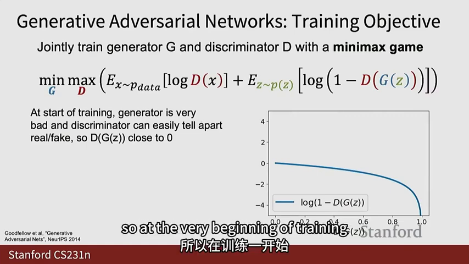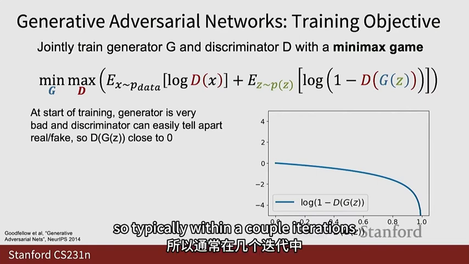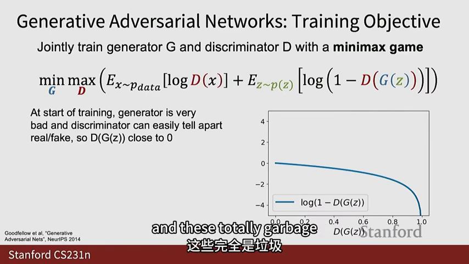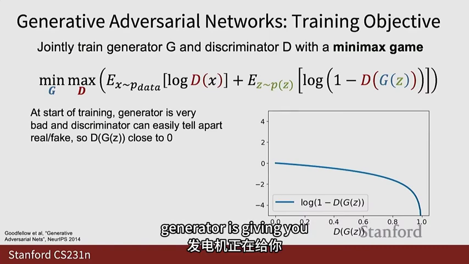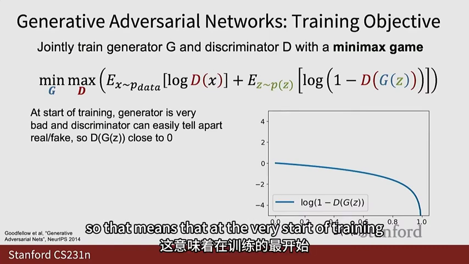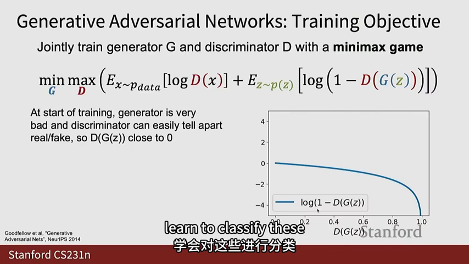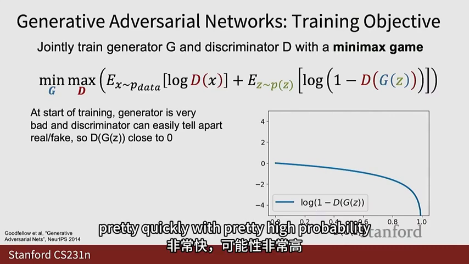So when the generator is terrible, the discriminator has a very easy problem. Typically within a couple iterations, the discriminator can immediately tell apart real images and the totally garbage random fake images the generator is giving you. So at the start of training, the discriminator quickly learns to classify real and fake with pretty high probability.